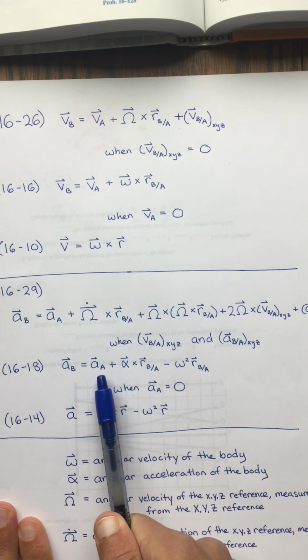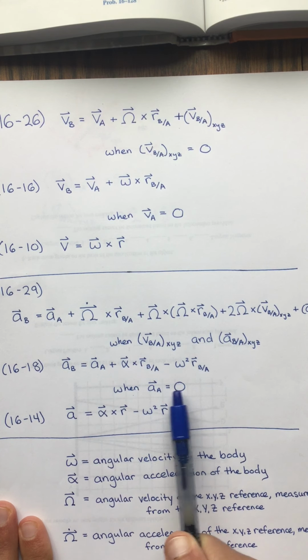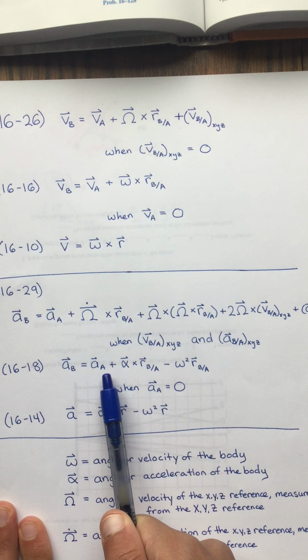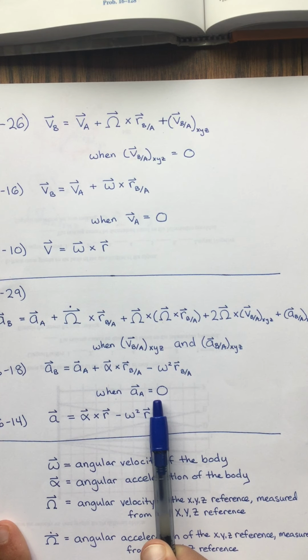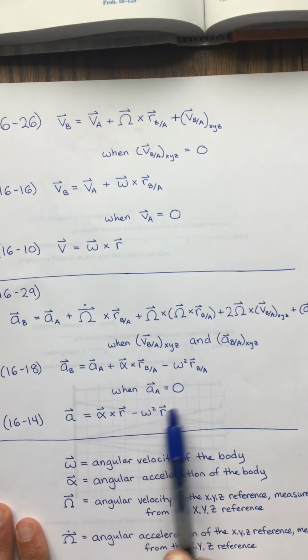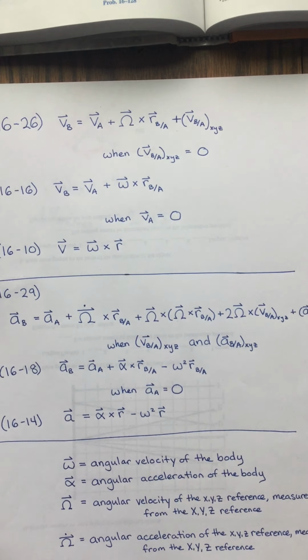And if the base point A isn't accelerating anywhere, so if the center of your merry-go-round is not moving at all, just at rest relative to the ground, then the acceleration of point A is 0. So the merry-go-round is rotating, but the center of the merry-go-round isn't moving through space.